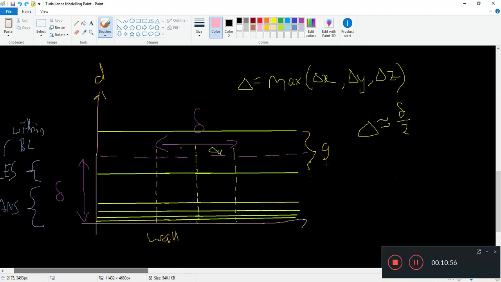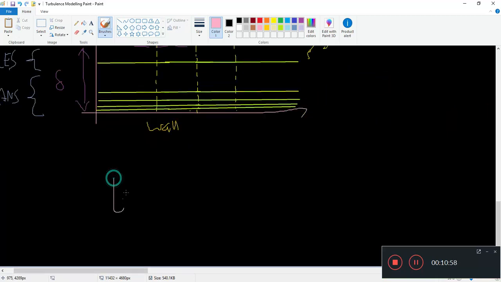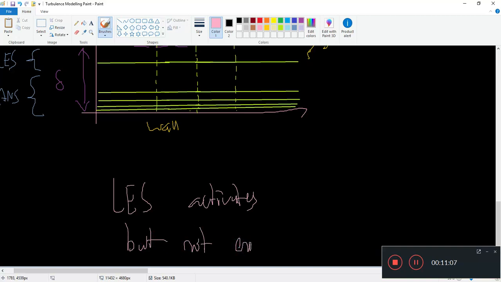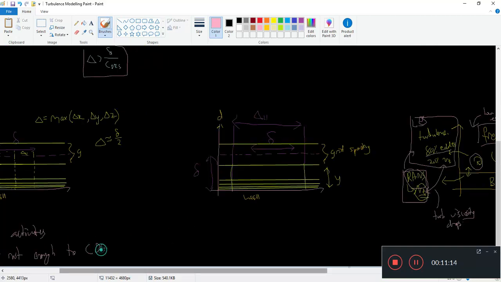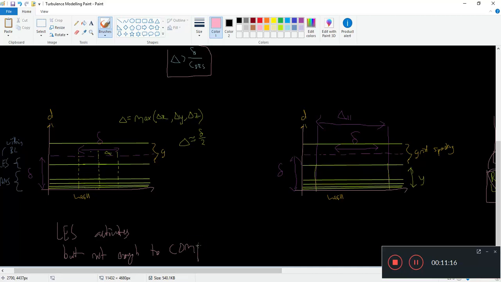LES activates, but not enough to compensate. Drop in νt. So this is what happens in this boundary layer region.